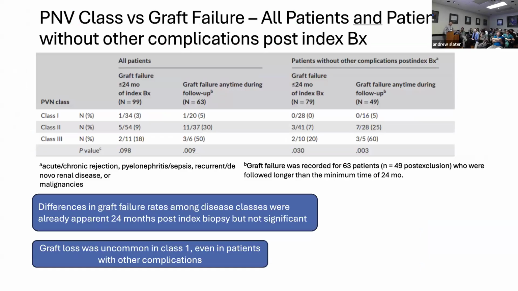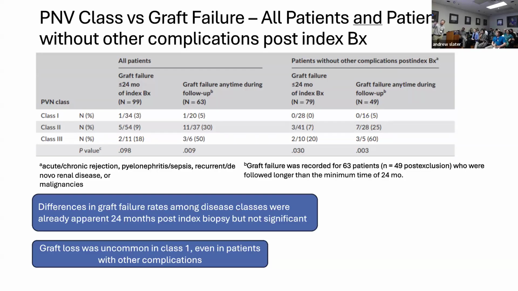So PVN class versus graft failure, looking at all patients right there on the left, and then patients without other complications post-index biopsy, those complications being rejection, infection, recurrent de novo disease, or malignancy. You can see there were differences in graft failure rates among disease classes.